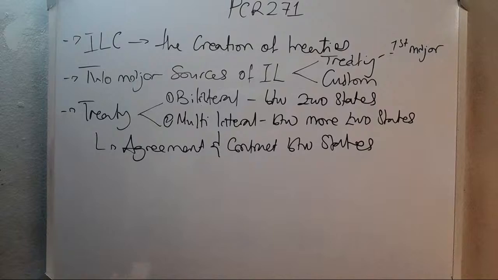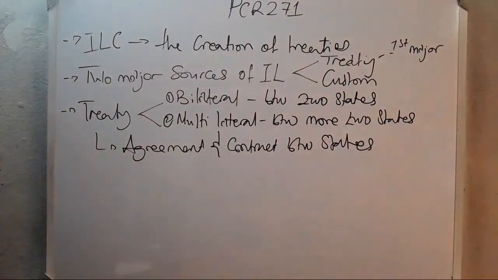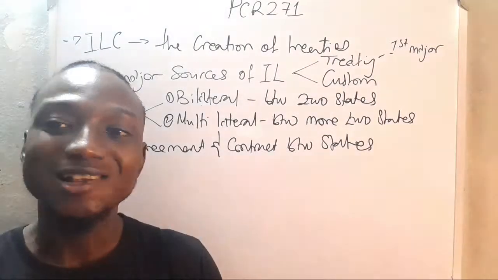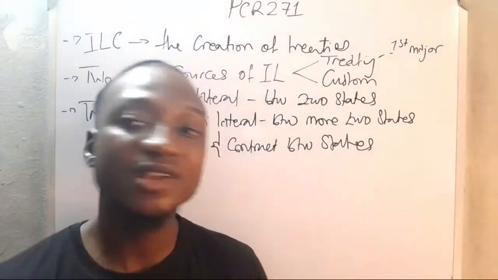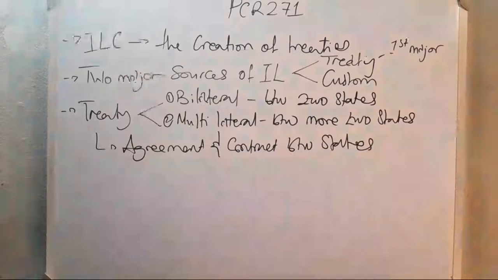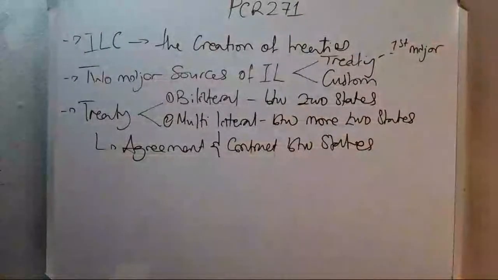Before we can say we want to have a treaty, it has to be agreed first. Just like bringing in somebody to help, we call them an intermediary.